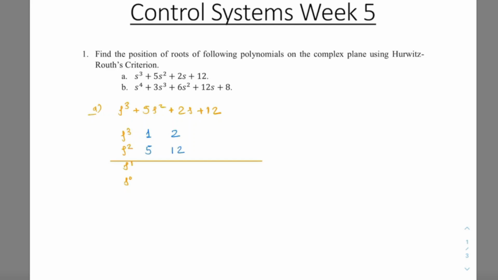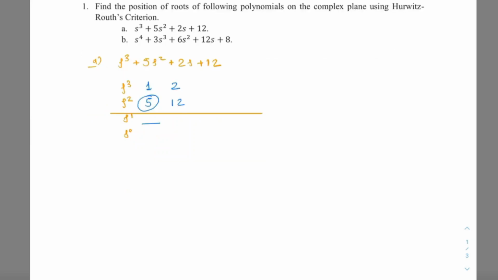Now let's compute this coefficient here. We'll be using these four numbers to do that. So the denominator is this term here, 5, and then we do this multiplied by this minus this multiplied by this. So 5 into 2 is 10 minus 12.